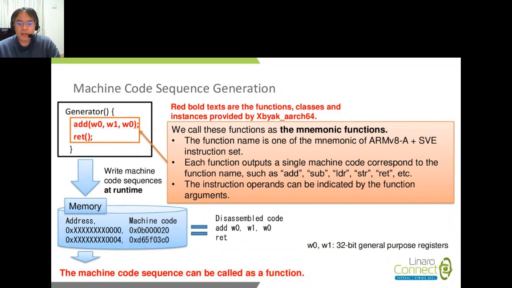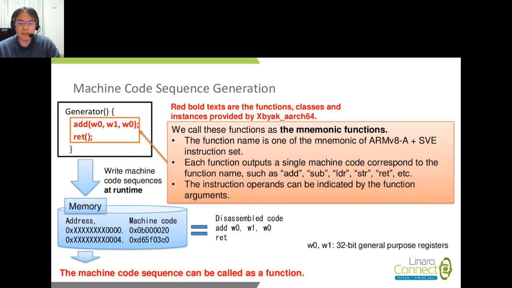In the constructor function of this sample, there are the add function and the ret function. We call these functions as the mnemonic functions. The function name is one of the mnemonic of ARM instruction set.